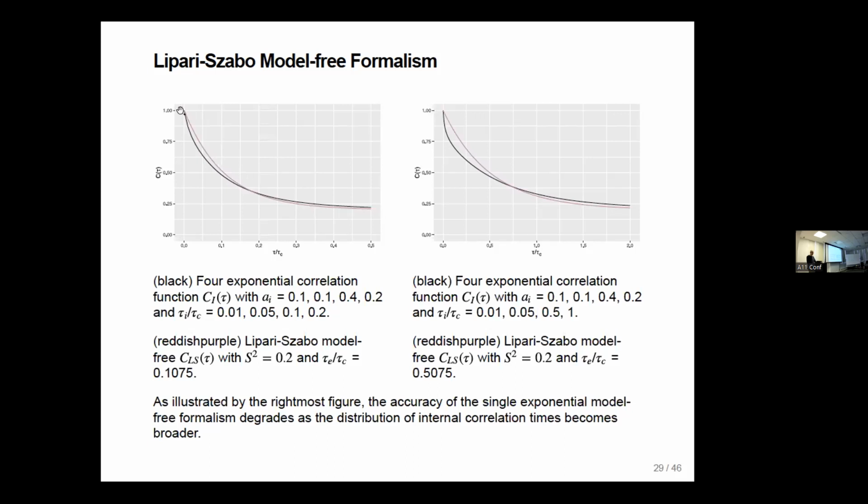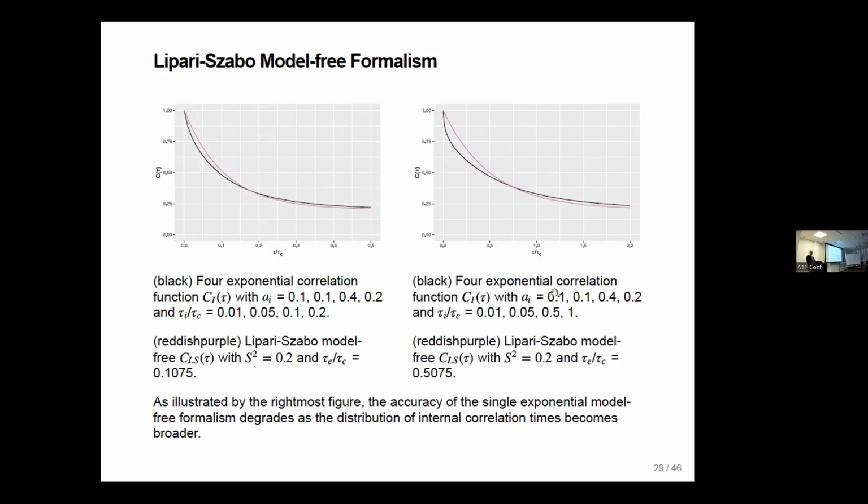Anyhow, here's an example. So I just made an autocorrelation function with 1, 2, 3, 4 exponentials, and then calculated the average decay from the Lipari-Szabo model, and black is the real 4 exponentials, and pink is the Lipari-Szabo approximation, and you can see it's a pretty good approximation.